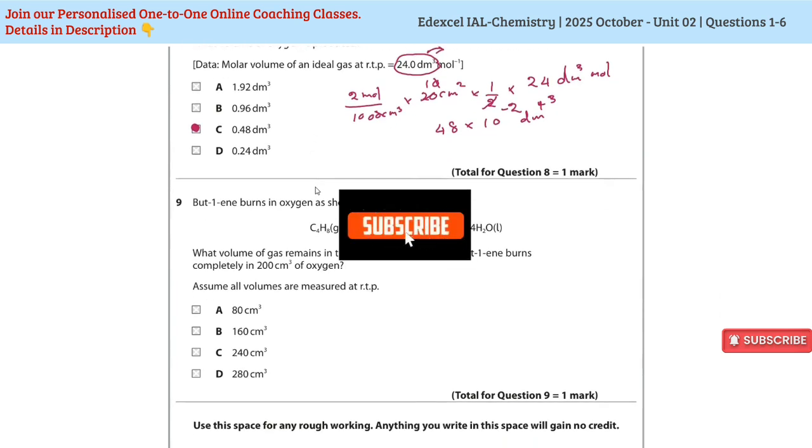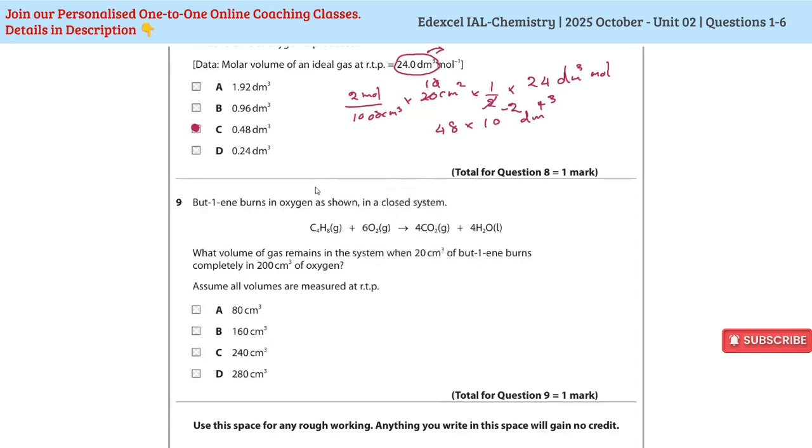Question 9. But-1-ene burns in oxygen as shown in a closed system. What volume of gas remains in the system when 20 cubic centimeters of but-1-ene burns completely in 200 cubic centimeters of oxygen?